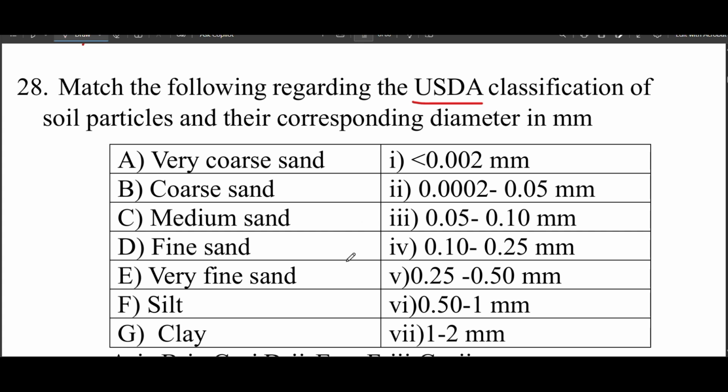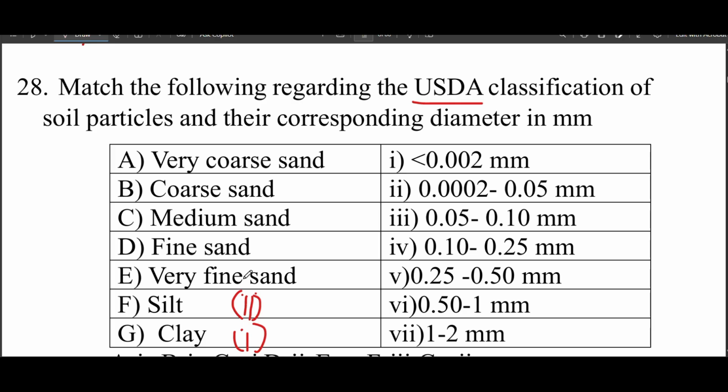Okay, so clay, as usual, will be 1, because it is less than 0.02 millimeter. Next to clay it will be silt, which starts from 0.02. So which is the option 2? This is the option.